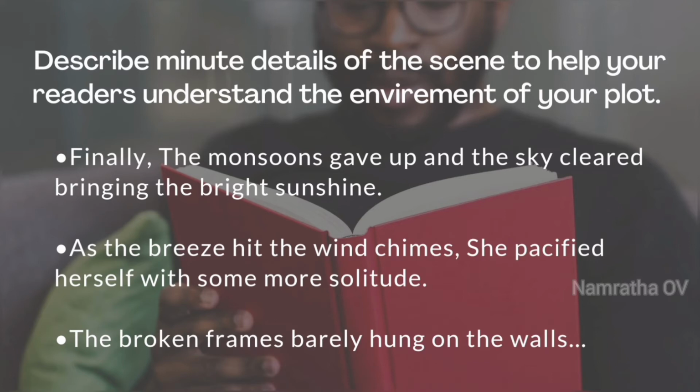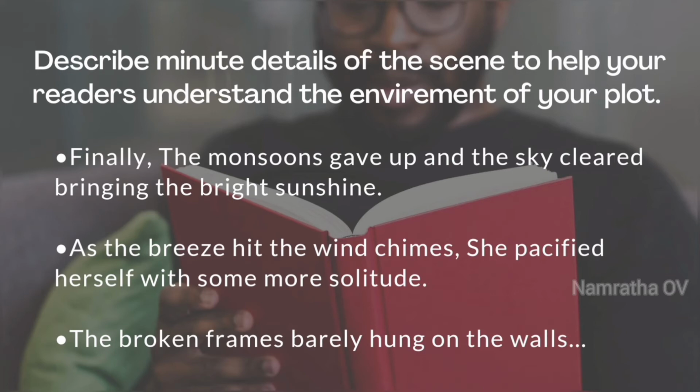Like every person can feel the sunshine. So when they read the word sunshine, they can feel the environment of your story. Let's read other examples too. As the breeze hit the windshields, she pacified herself with some more solitude. So, solitude here is the strong expression.